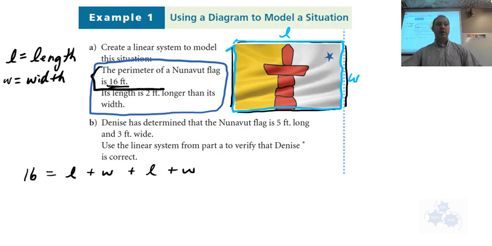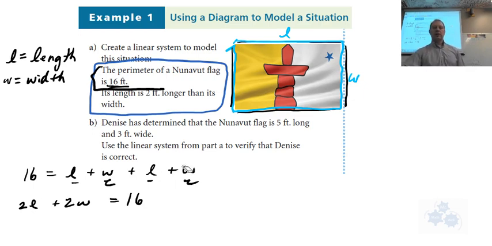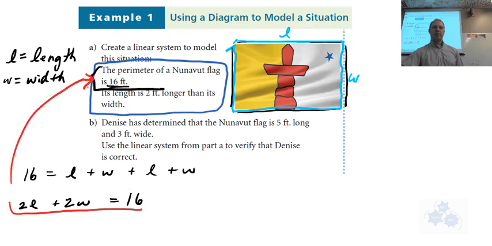Now, can I simplify that equation? You sure can. I'm going to put the number on the right side. It doesn't really matter, but I have two L's here and two W's here, and those equal 16. So the perimeter is 16. That's my first equation. Everyone see how I got that? That's exactly from this first part there. We good?